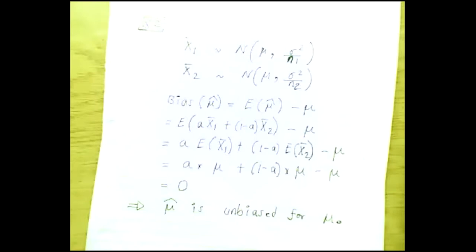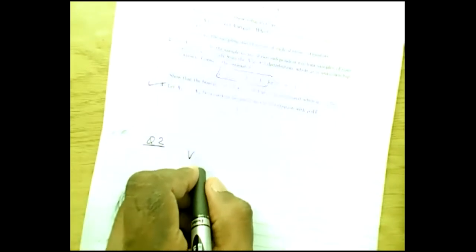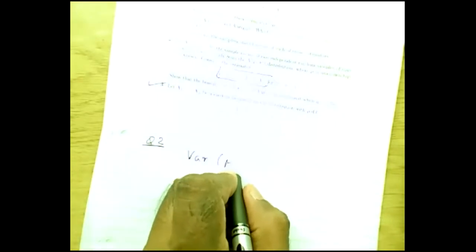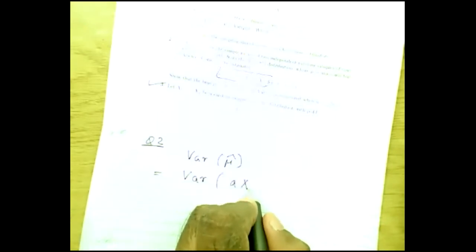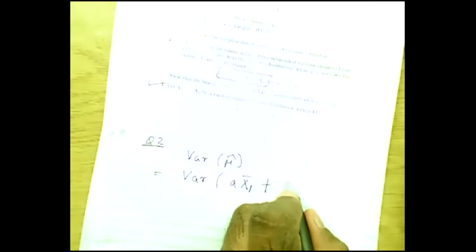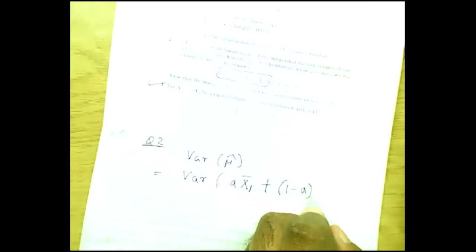Yeah, thank you. All right, the second part of question 2 is to find the variance. I'm working on question 2 still. To find the variance of mu hat, this is going to be the variance of A x bar 1 plus 1 minus A times x bar 2.